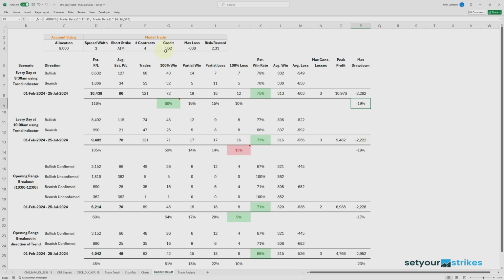So I think that's probably why I'm seeing such a good win rate here. The win rate is driven by the indicator, number one, but also by my spread width and the risk reward that's defined there.